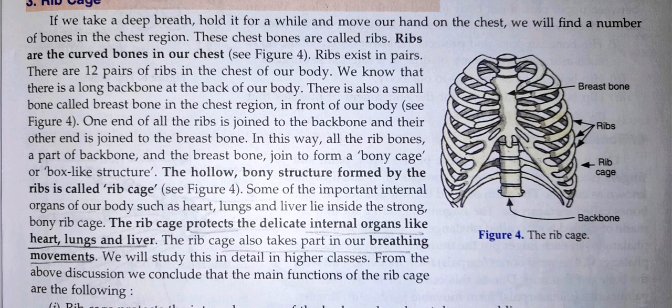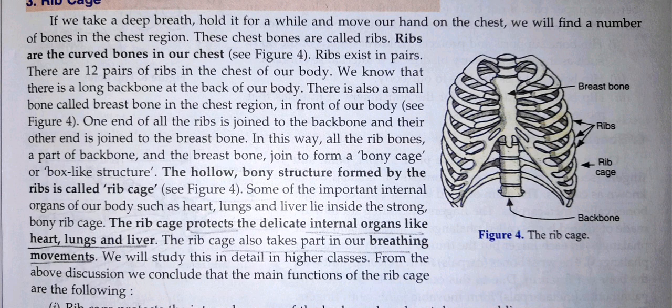So what is the rib cage? The hollow bony structure formed by ribs is called the rib cage. See this figure given here. Some important internal organs are protected by the rib cage, like the heart, lungs and liver.